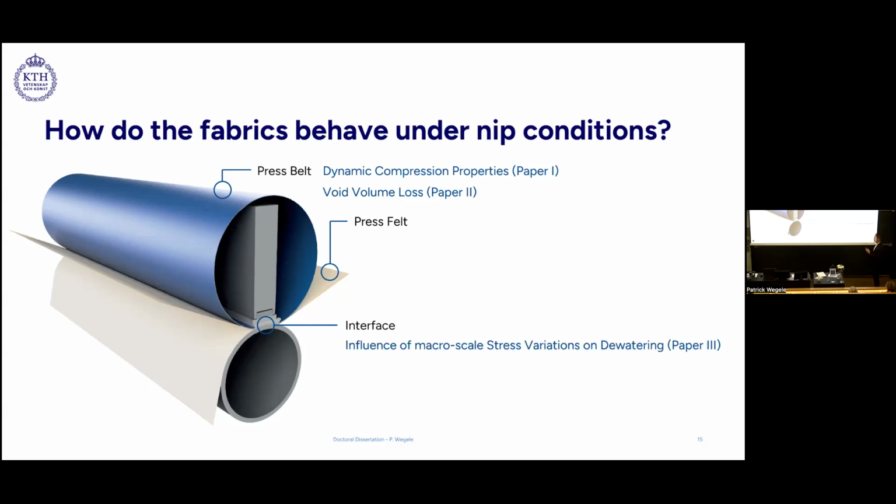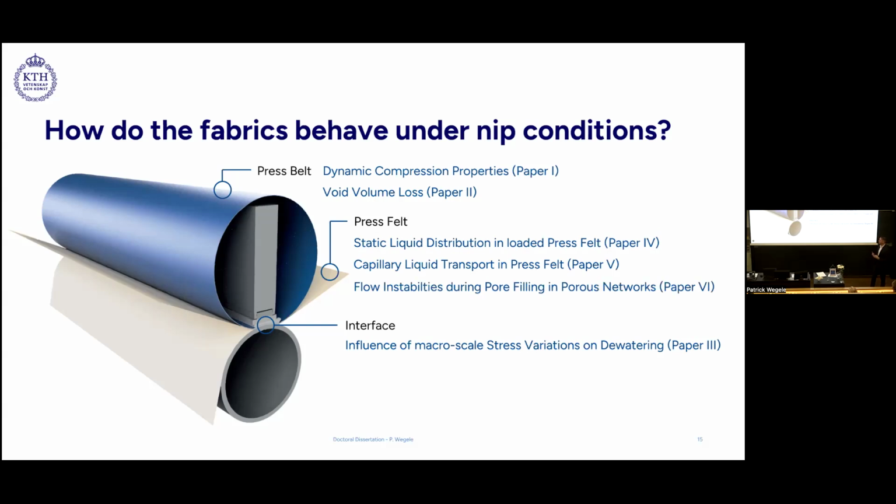which was a topic in paper number 3, where we studied macroscale stress variations that are created by interfacial effects. Finally, we shed some light on the press felt and studied the static liquid distribution in the press felt, the dynamic or capillary liquid spread in the press felt as a function of the saturation, but also the effect of flow instabilities that occur during the imbibition of dry porous networks.